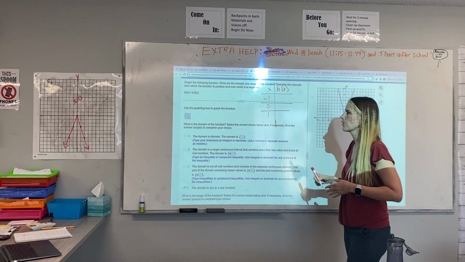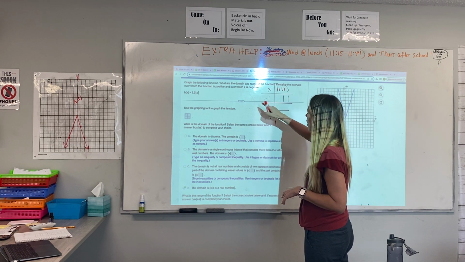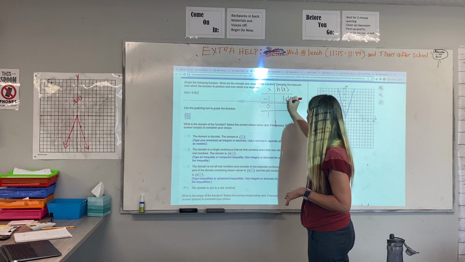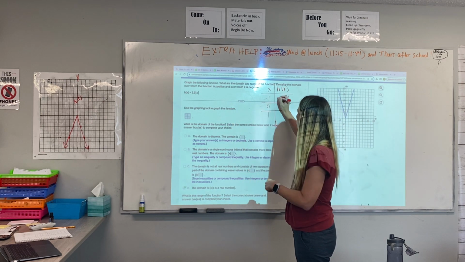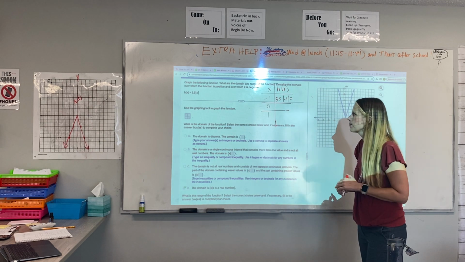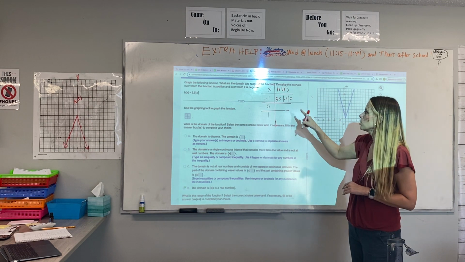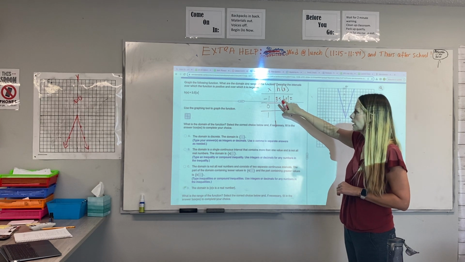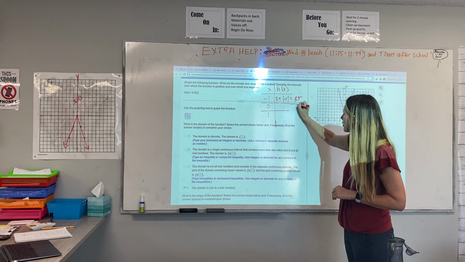Or I just input those and then I find the absolute value of my input, which is -1, which would be +1, and then it says to multiply that times 3.5, so +1 times 3.5 would be 3.5. Good.